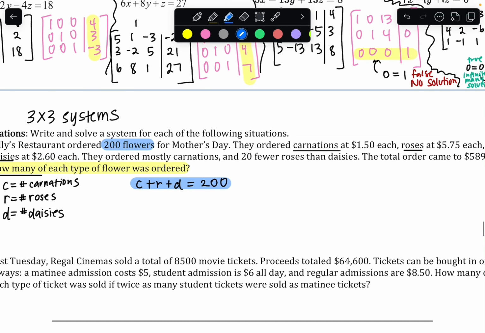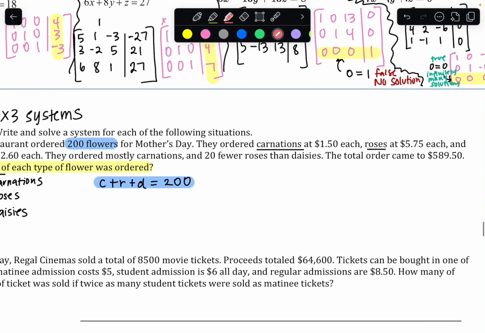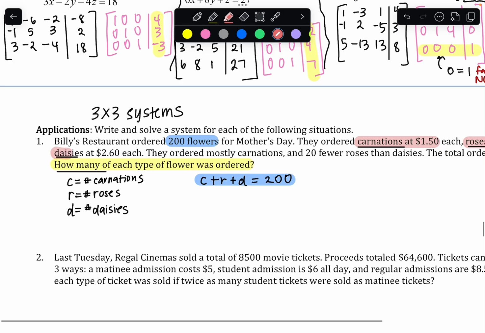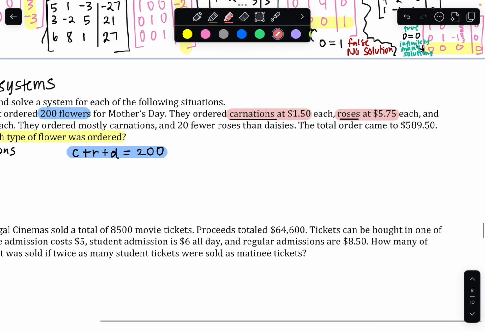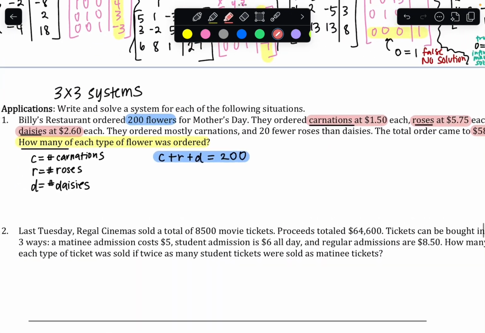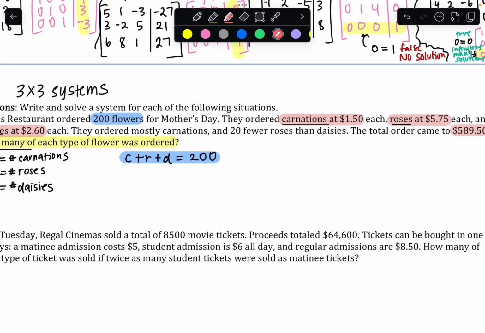Okay, I also have the amount for each flower. Carnations are $150, roses are $5.75 each, and daisies are $2.60 each. The total order was $589.50. So everywhere you see money, those dollars are always going to be in the same equation.